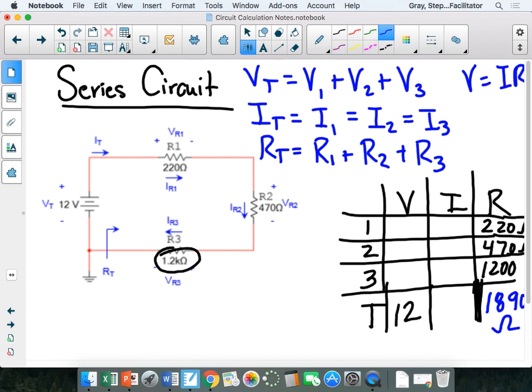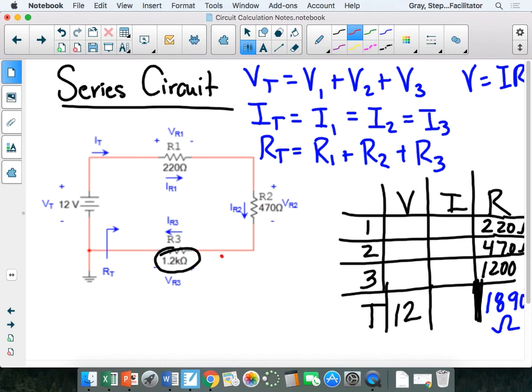So basically, these lines going across, Ohm's law will always work. So this voltage should equal this current times this resistance. Okay, stop me if you don't understand. Okay, so I'm going to find out that current.